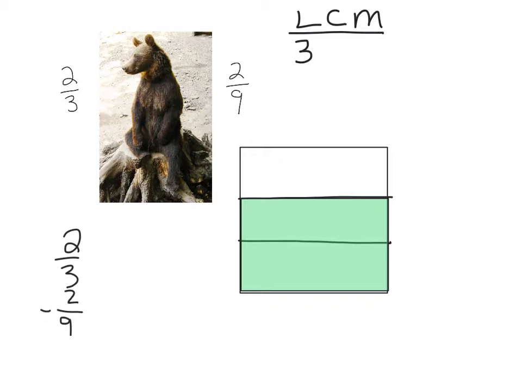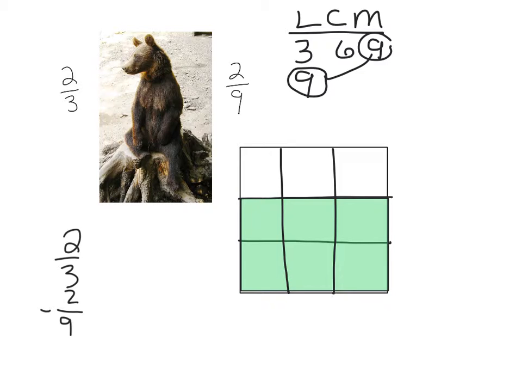So I'm going to take the 3 and the 9, I'm going to count by 3s, 3, 6, 9, and bam, right there, my friends, we have our common multiple, right? That means for this 2/3, I've got to break it into 1, 2, 3 parts to make 9ths. Well, 3 parts means I'm going to draw 2 lines going down, 1 like that and 1 like there, and then I've got 1, 2, 3, 4, 5, 6, 7, 8, 9, and now I can subtract these 2/9 pretty easily.